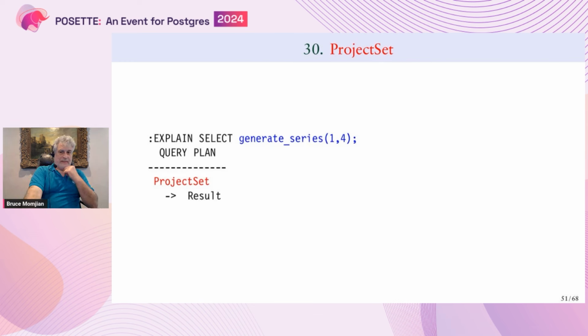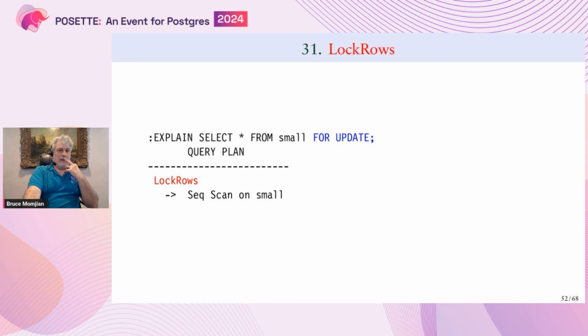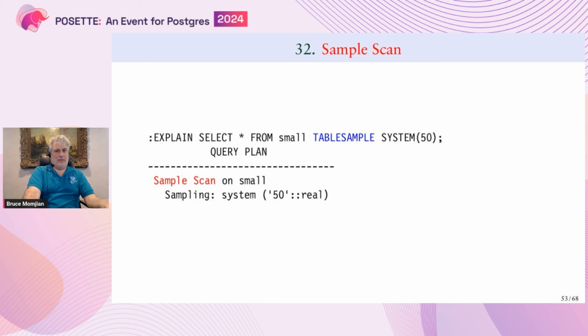To get even more exotic, ProjectSet would be used if you have a row-producing function in the target list, not necessarily in the FROM clause, which you talked about earlier. Here we're putting this row-returning function in the target list. Again, Postgres can handle that. If you're doing FOR UPDATE, you get LockRows.